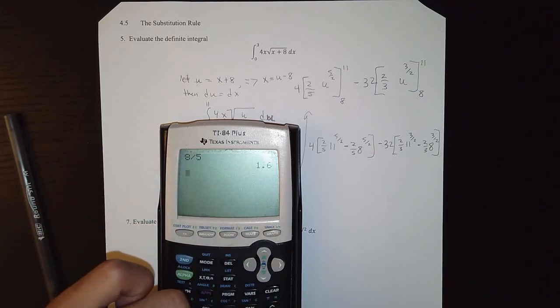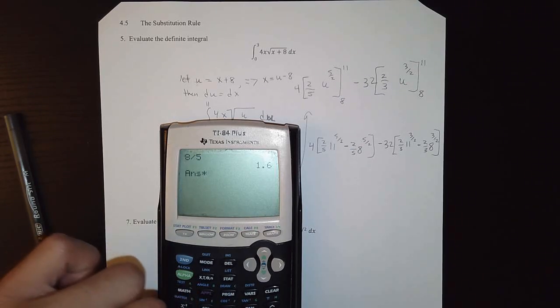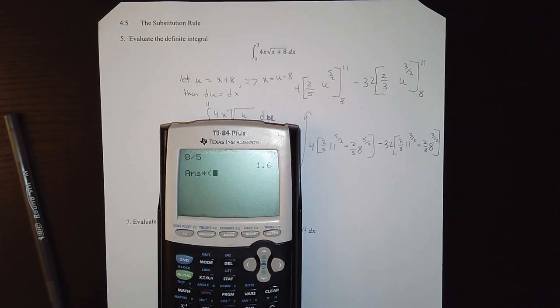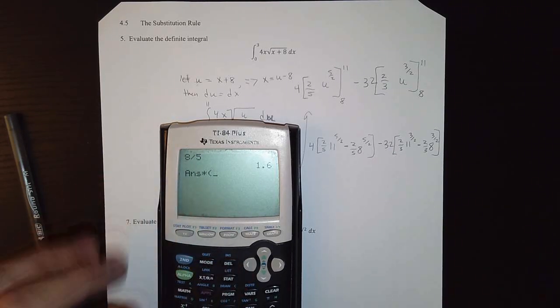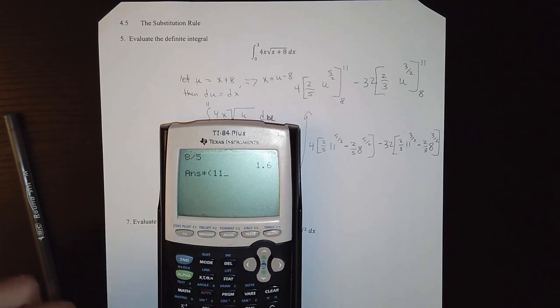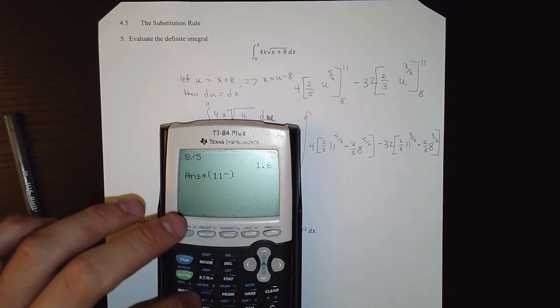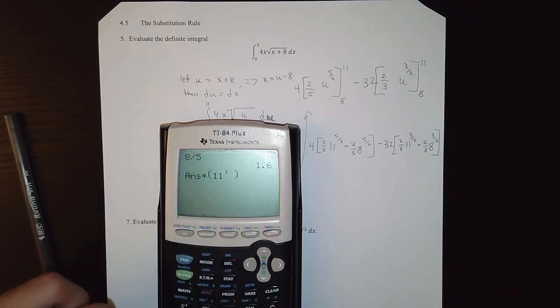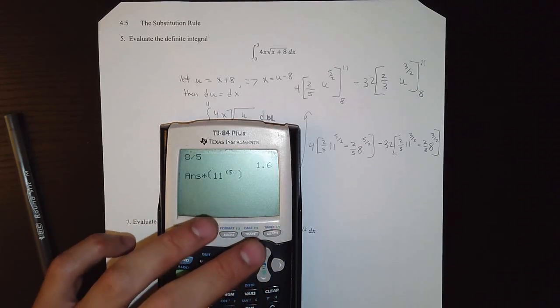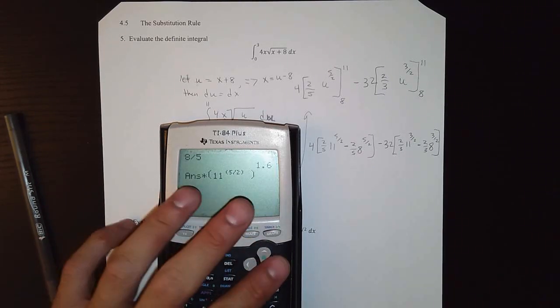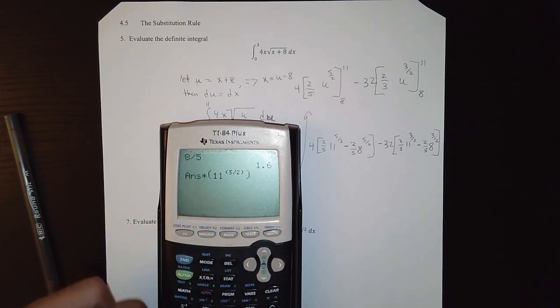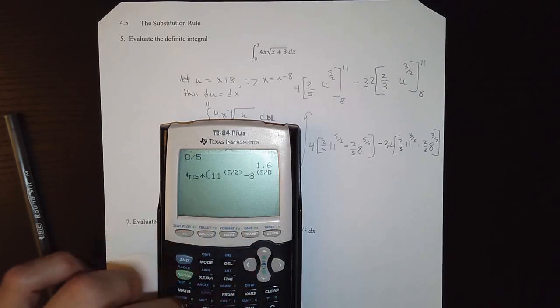And now I'm going to multiply that by an open quantity bracket, and inside those brackets I'm going to insert some stuff. So 11 to the power of, and I'll put parentheses, 5 divided by 2, and then I'm going to subtract 8 to the power of 5 divided by 2.